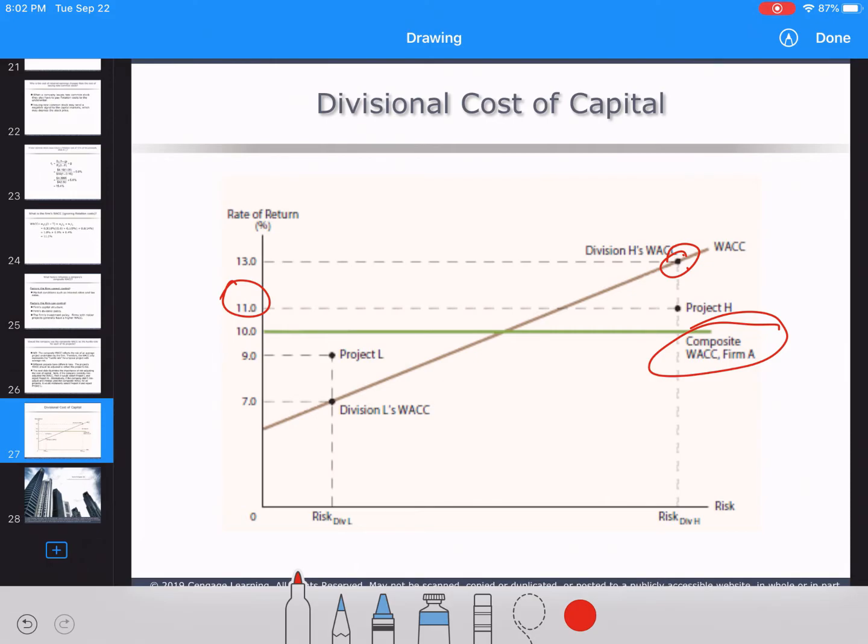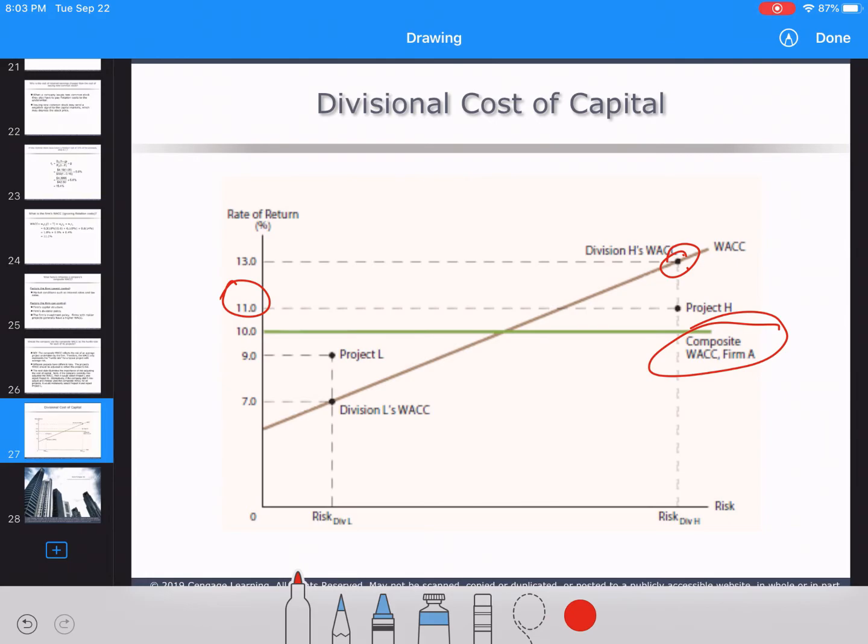You should reject project H, but you compare it with the composite, which is lower, 10%, but project H has a cost of capital of 11%, so you use the wrong weighted average cost of capital, which is 10%.